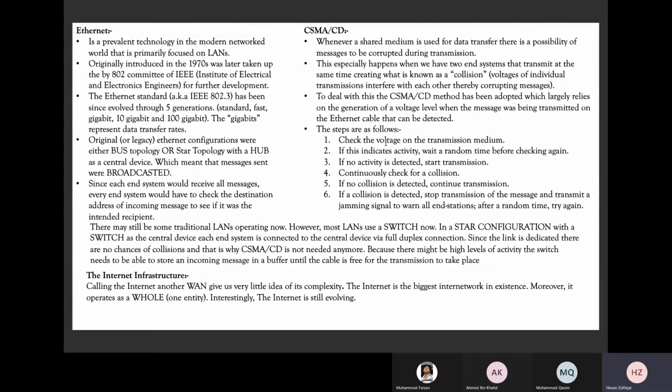So it is very important that every concerned device which intends to transmit data waits for a random amount of time. Say, for example, two devices were intending to transmit, they both sensed the carrier and found risen voltage levels, because of which they both backed off. They don't want to transmit now. They will wait, but they will wait a random time. Device A waits 5 seconds, device B waits 7 seconds.